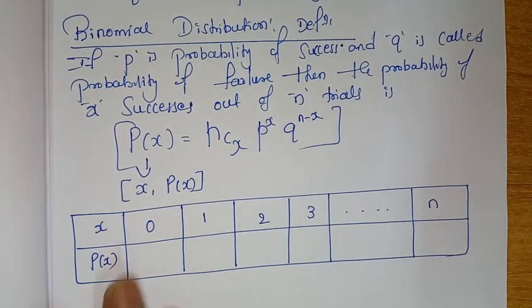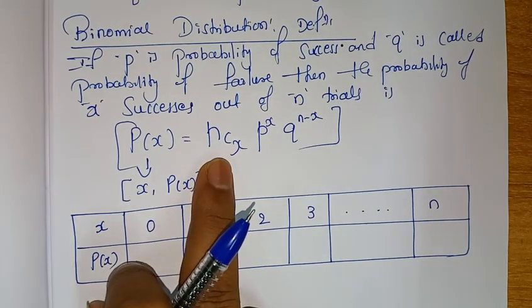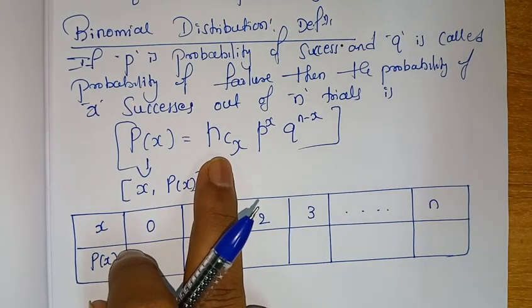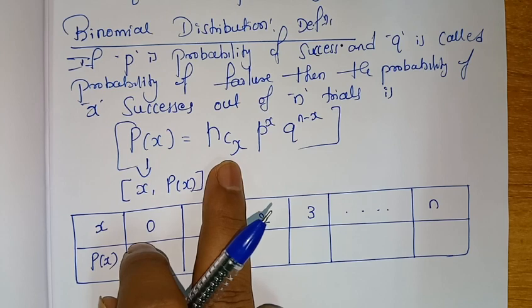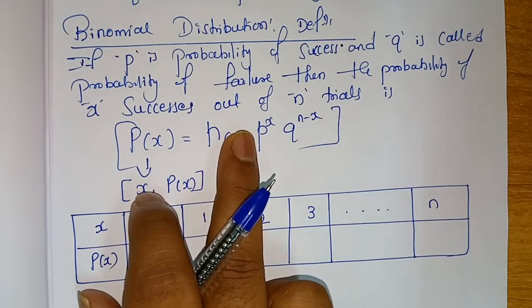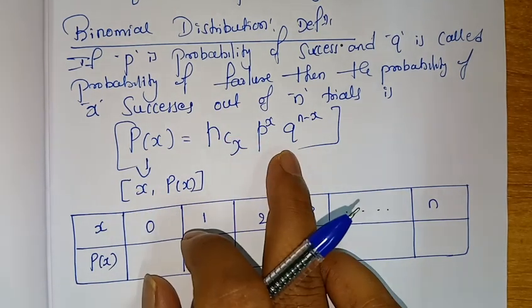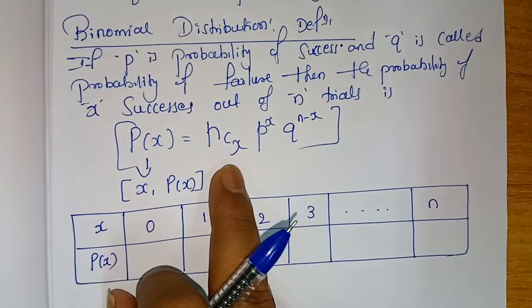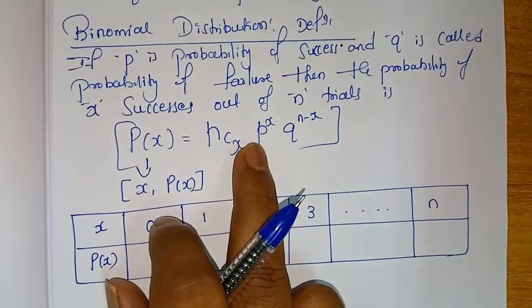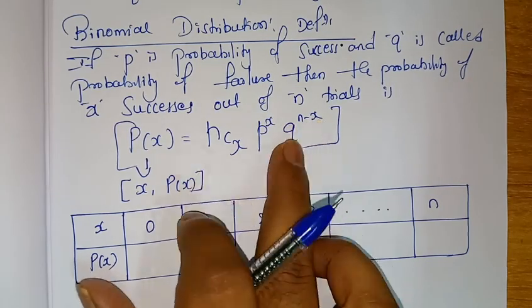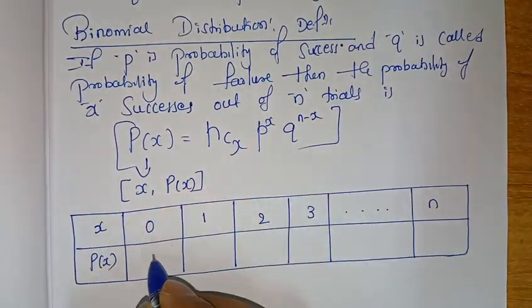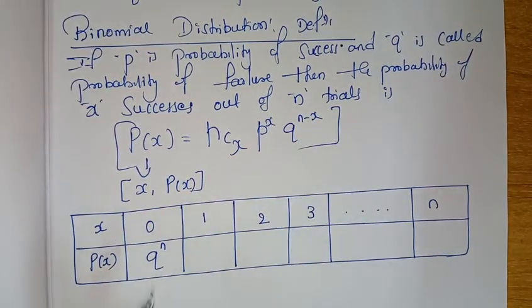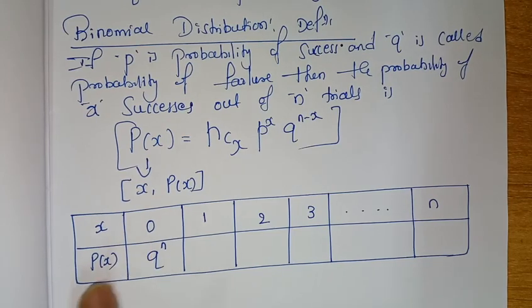What happens if I take X equal to 0? It is NC0 P power 0 Q power n minus 0. NC0 becomes 1, P power 0 is again 1, and Q power n minus 0 means Q power n. So for X equal to 0, we have P of X as Q power n.